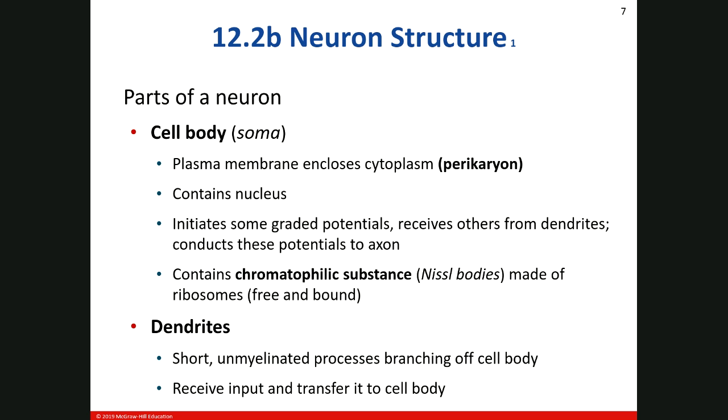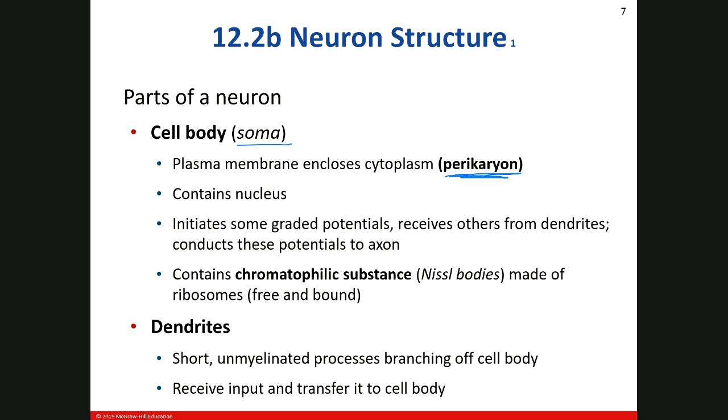So let's talk about the different parts of the neuron. The cell body, also known as the soma. This is the part that is going to have the nucleus, our control center, the endoplasmic reticulum. We're also going to see cytoplasm. We give it a special name, and you need to know this name: perikaryon.